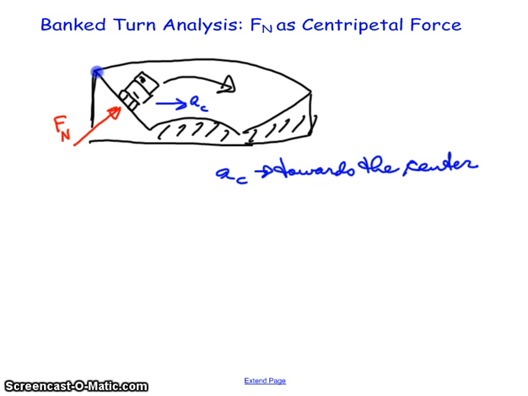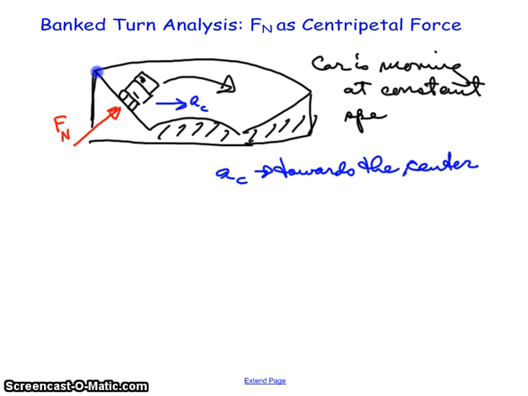We're going to set our axes so that the acceleration is along the x direction. Let me just make a further note that the car is moving at constant speed.